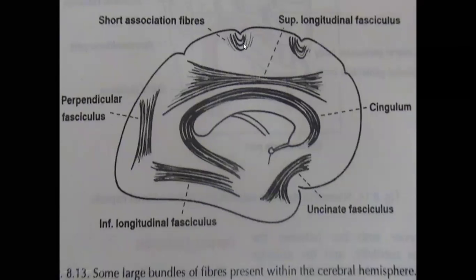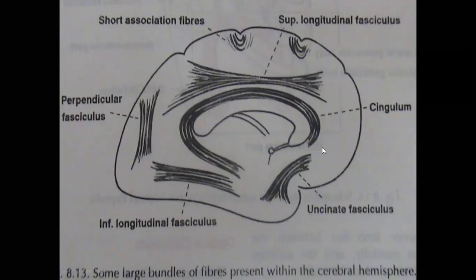The short association fibers are those fibers which connect two nearby areas. Two nearby areas of the same cerebral hemisphere are connected by short association fibers. For example, the pre-central gyrus and post-central gyrus are connected by short association fibers. Then long association fibers connect two distant areas.